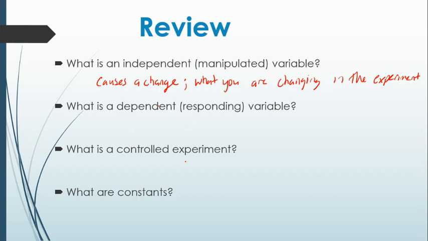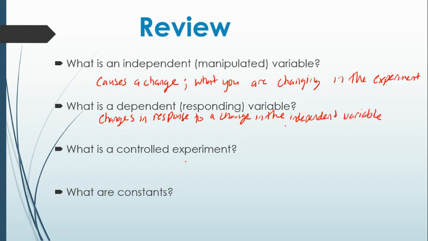The other type of variable is called a dependent variable, and sometimes this is called a responding variable. It's called a responding variable because this is going to change in response to something else. So this changes in response to a change in the independent variable.